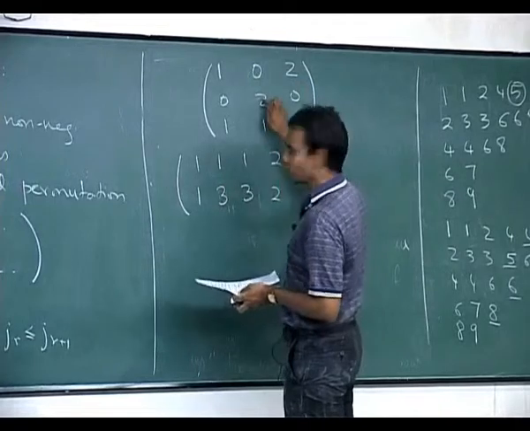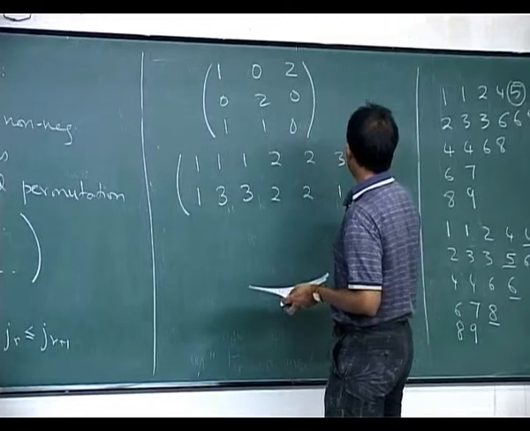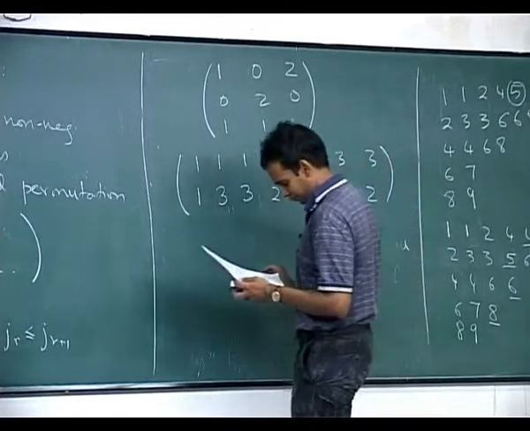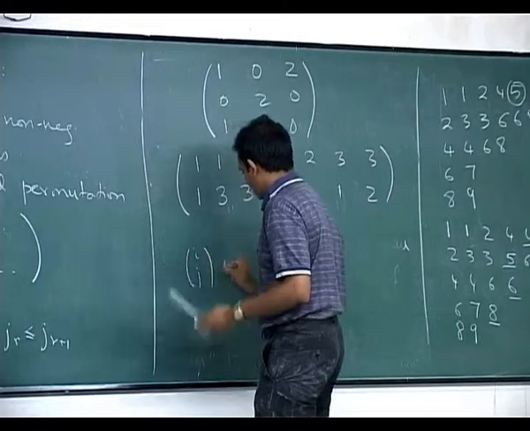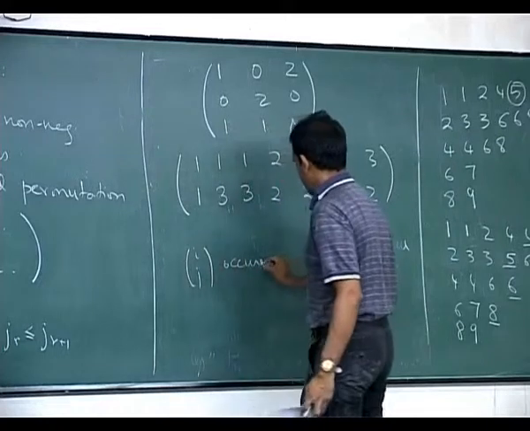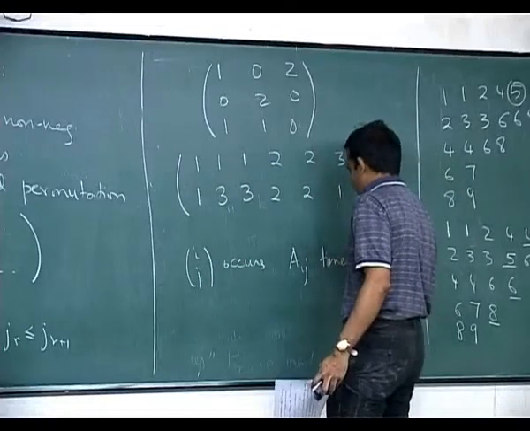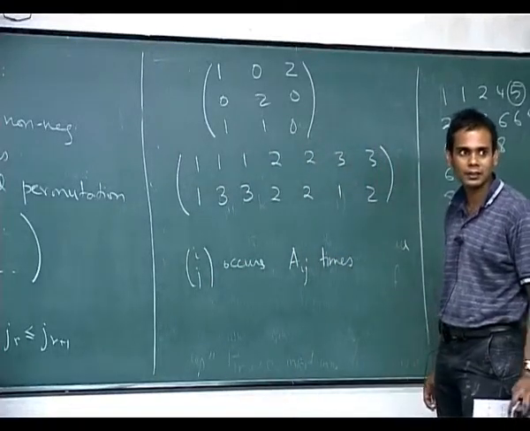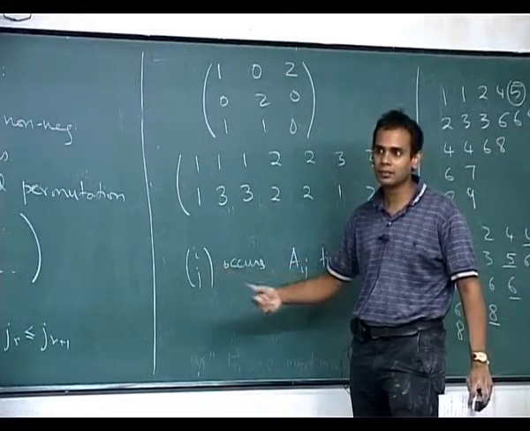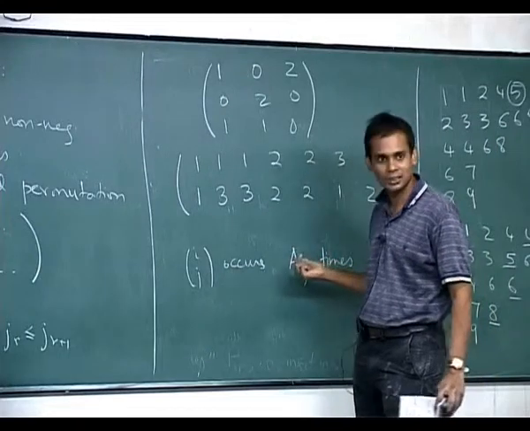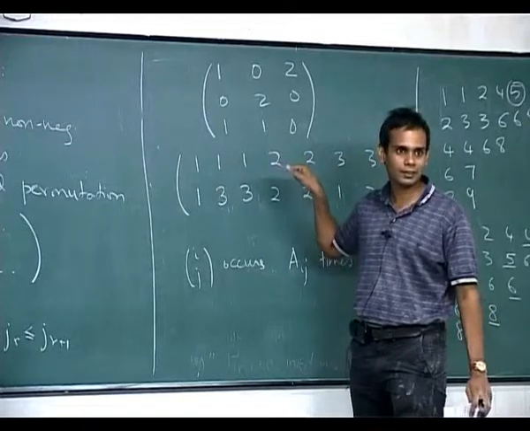Then 2, 2, that's also twice. Then 3, 1, and then 3, 2. So ij occurs aij times. You look at the ijth entry of the matrix and ij occurs aij times. So basically you take a collection of vectors ij, and as many times as the ijth entry, you take ij, and then write them down in lexicographic order. That's what it amounts to.